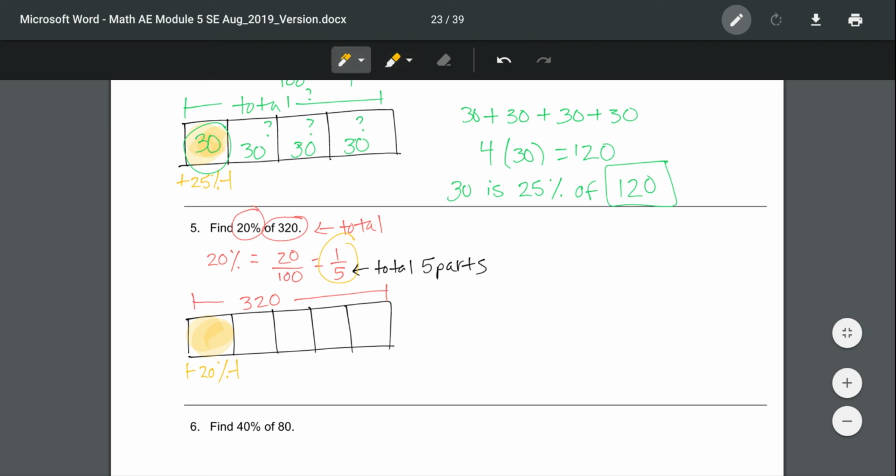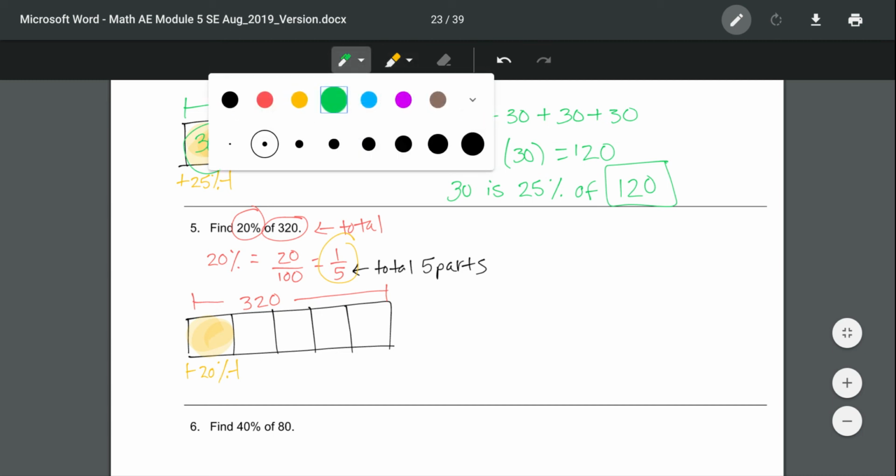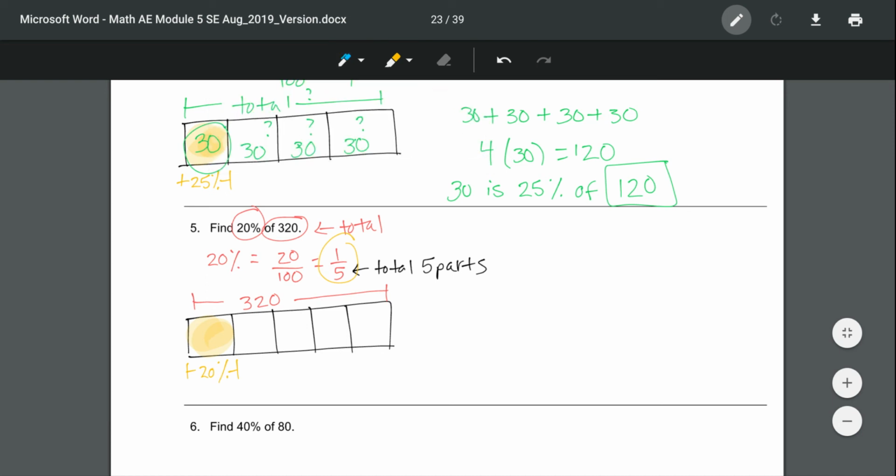So first, to figure out what that is, we need to know the value of each part. So take 320 and divide it by 5 to get the value of each part. So 320 divided by 5, we get 64. So the value of each piece is 64.